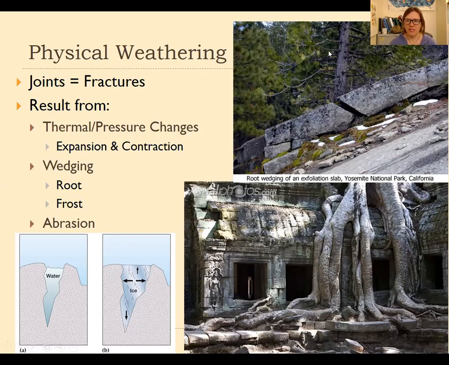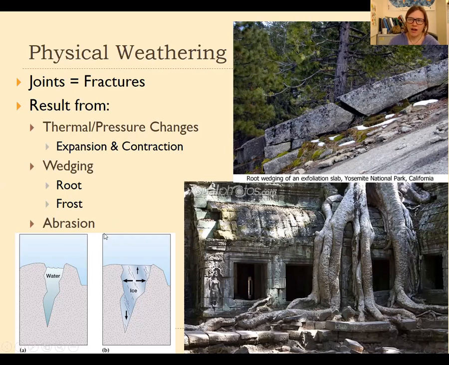So you've probably seen things like trees growing out of the side of rocks in very impressive ways. Or you've maybe seen trees eating through human structures like sidewalks, or this particular kind of ancient structure that's in Cambodia in an area called Angkor Wat. So these kinds of processes can create this mechanical weathering as well.